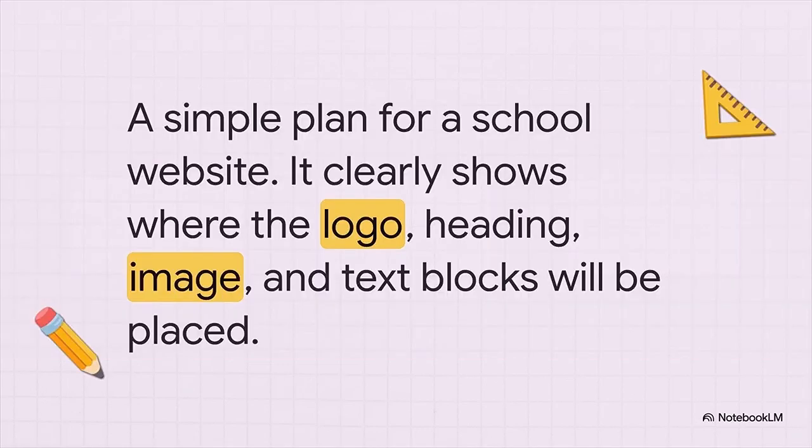So for instance, a simple plan for a school website would clearly map everything out. See? It shows exactly where the school logo goes, where the big page heading will be, the main image, and where the different blocks of text will sit. This simple plan becomes your guide, your roadmap that you follow when you're ready to start building.